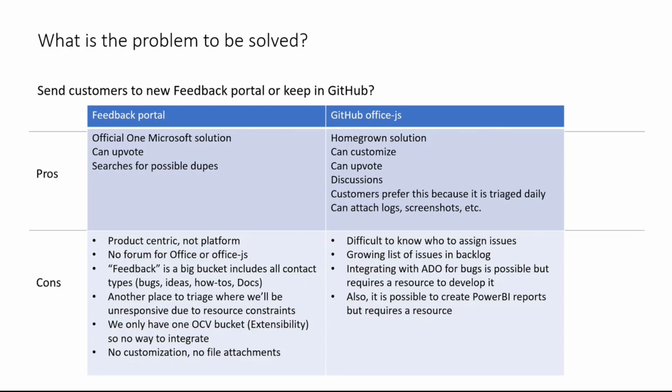GitHub now has a connector for ADO, but we would need to find somebody on the team or find some way to develop that resource, because we're very tight and resource constrained with this effort to volunteer to track down all of our customer feedback. We do have plenty of Power BI reports that we can use, but again, that requires somebody to figure out that aspect of it.